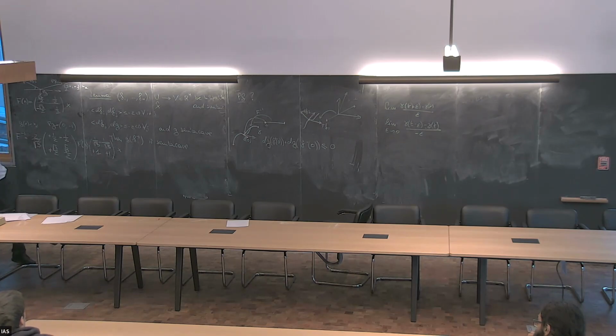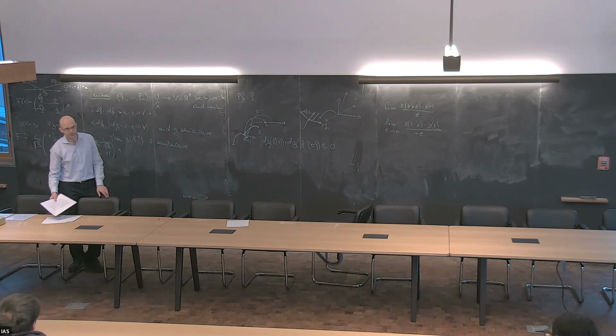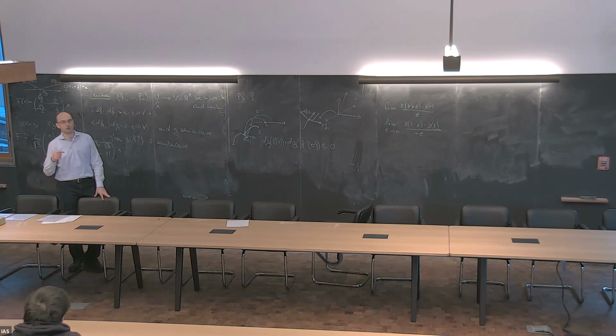I've not even started with what should have been the rest, which is that on top of this structure, you can put a Riemannian metric, which is a C0 Riemannian metric, and it has BV coefficients.